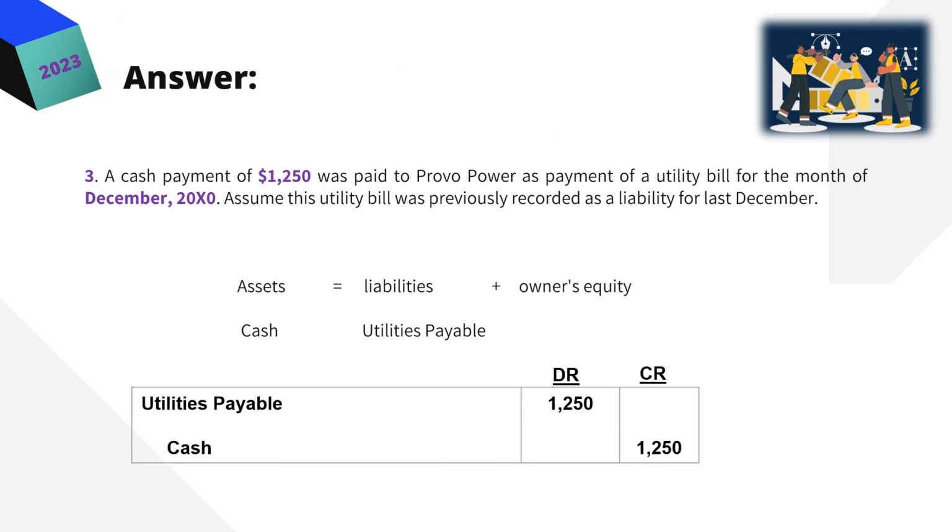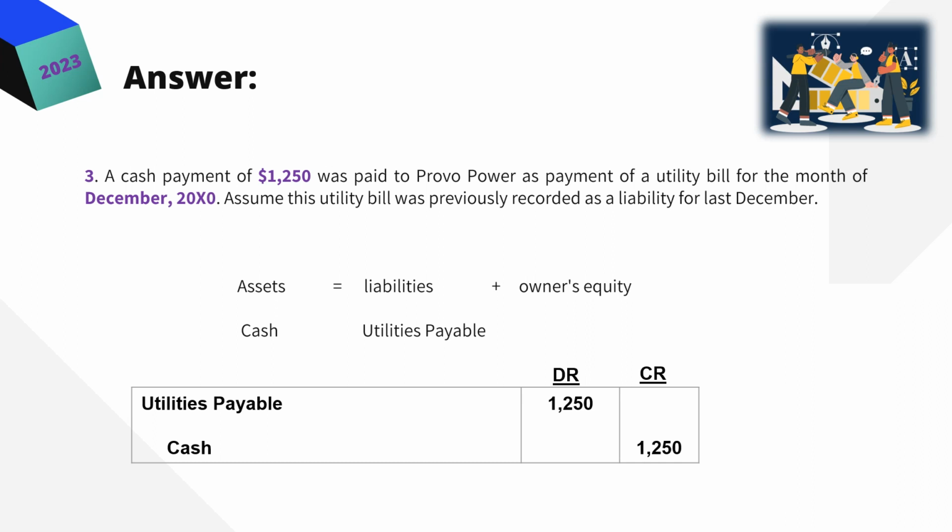The third transaction was $1,250 was paid to Provo Power as payment of a utility bill for the month of December 20X0. That's last year's December utility bill. We're paying it now, and the amount of the payment is $1,250 of cash.